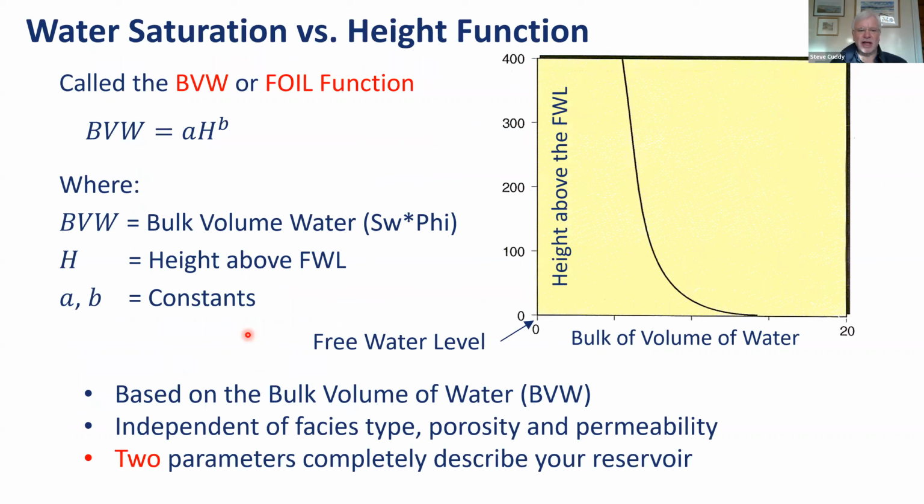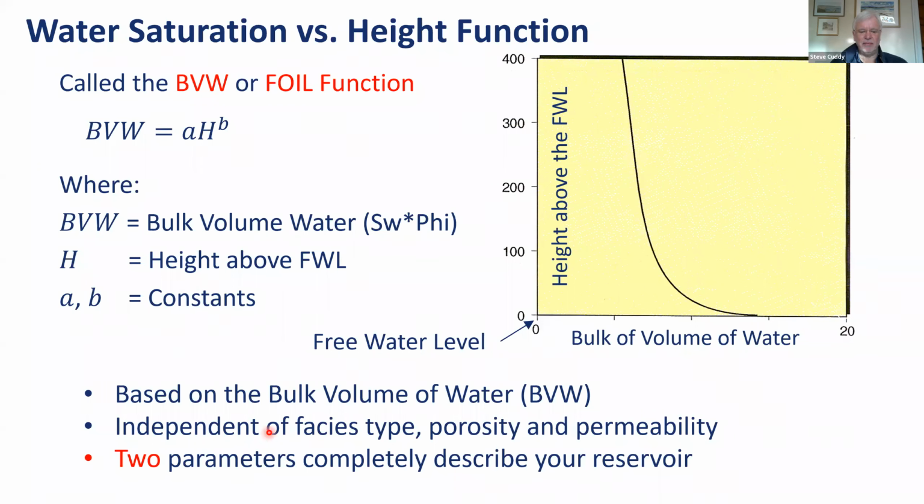The function is called the BVW function, the FOIL function, or the fractal function. But basically, it is saying that the bulk volume of water is a function of the height above the free water level. The bulk volume of water is the porosity times the water saturation.